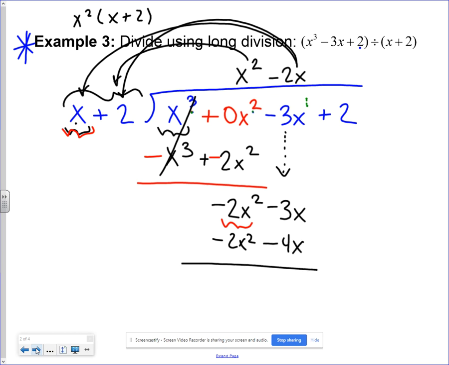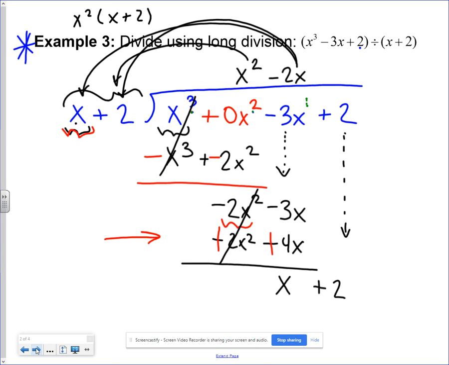Draw a line under it and subtract your second expression. So I'm subtracting this expression right here. When you subtract the negative, it becomes positive. Now I'm going to add these together. So these cancel out. This gives me x. And then I'm going to bring down my plus 2.